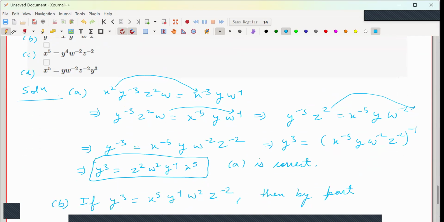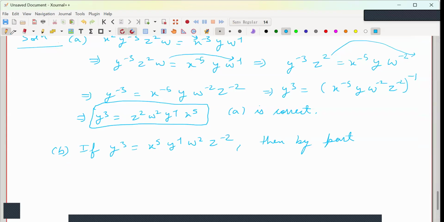If it is not true, then we need to find a counterexample. Then by part A, y cube is already equal to this: z square, w square, y inverse, x5 is x5, y inverse, w square, z minus 2.